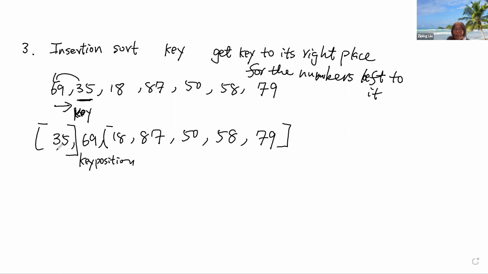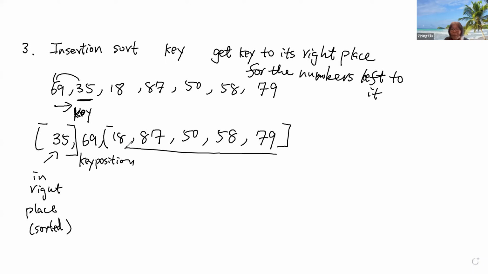To its left, the numbers are in the right place, which means sorted. And to its right, it's unsorted. Then we need to move to the next phase.